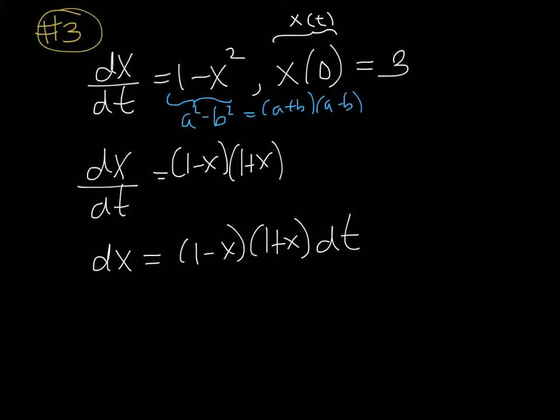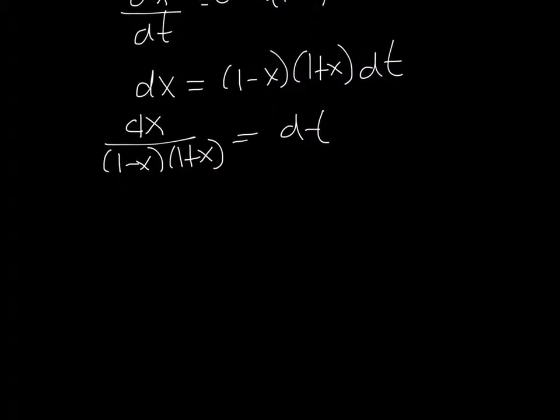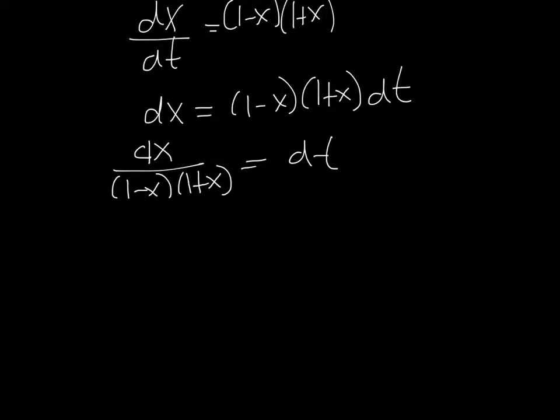And again, here I'm going to separate the variables. So I'm going to divide everything by my factors here. So I can have dx, and we can write that here as well, and then we have dt on this side. So I have separated my variables, so I want to integrate.